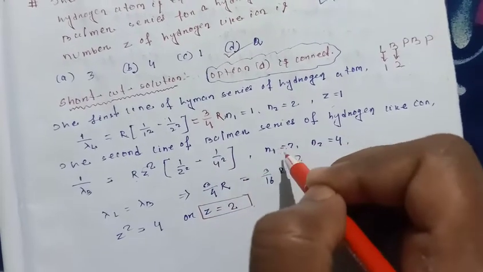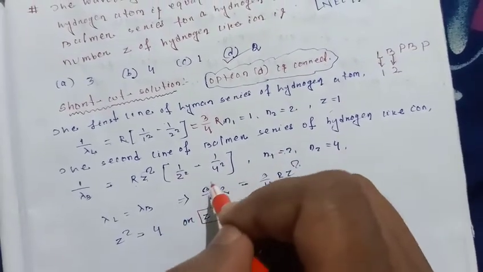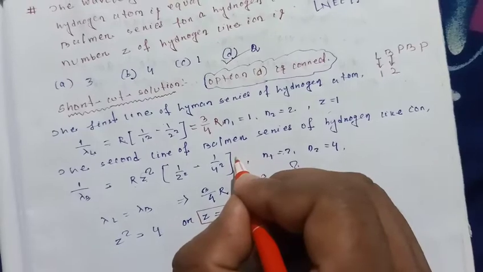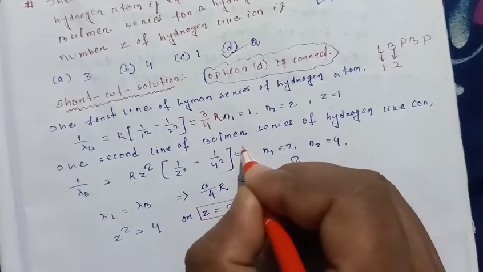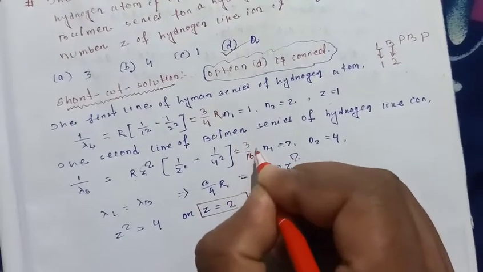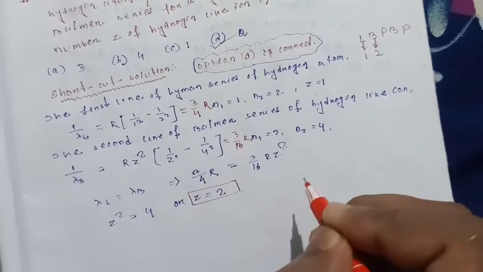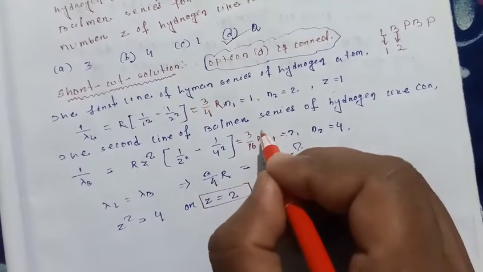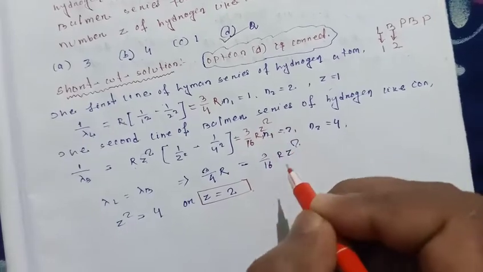So 1 by 4 minus 1 by 16, and we get 3 by 16 R Z square.